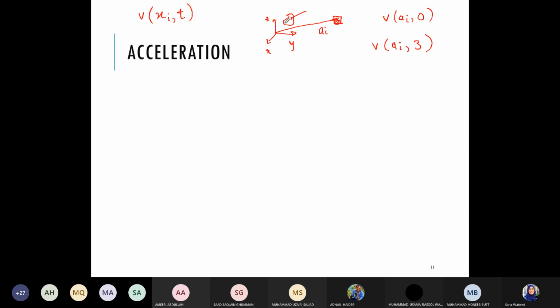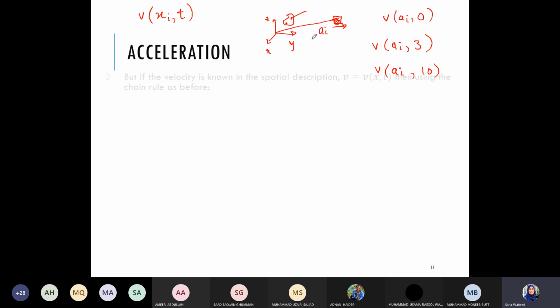But if I keep myself fixed to this point and I still look at v of small ai, the same fixed point in space, and I look at the velocity at t equals 10, here a different particle would have been going through it than before. Now maybe this particle of the body was going through. So essentially I am repeatedly just looking at the velocity of different particles going through that fixed spatial point.